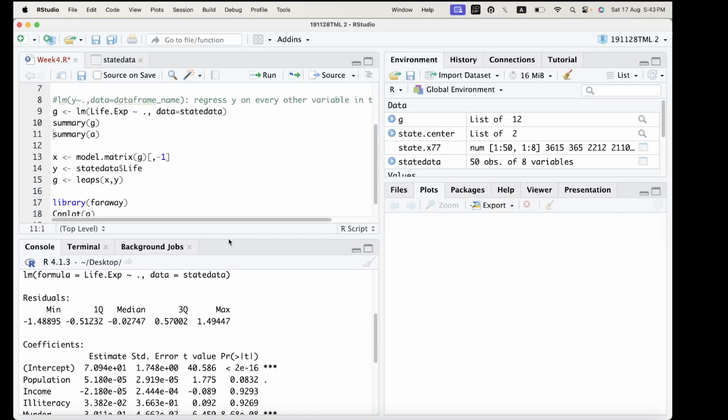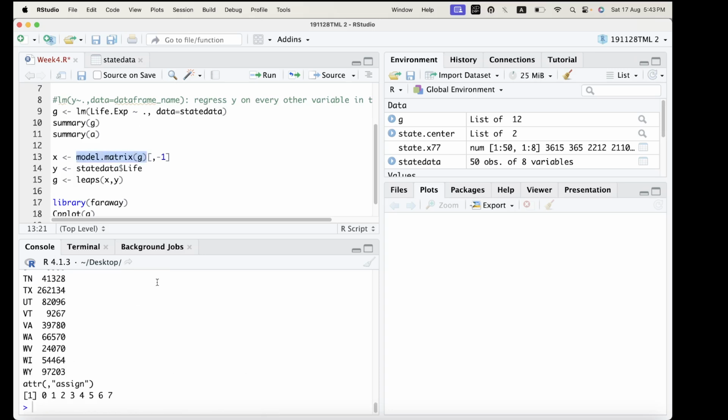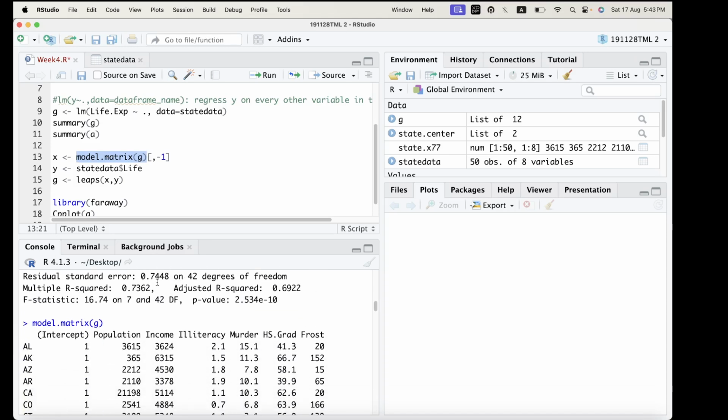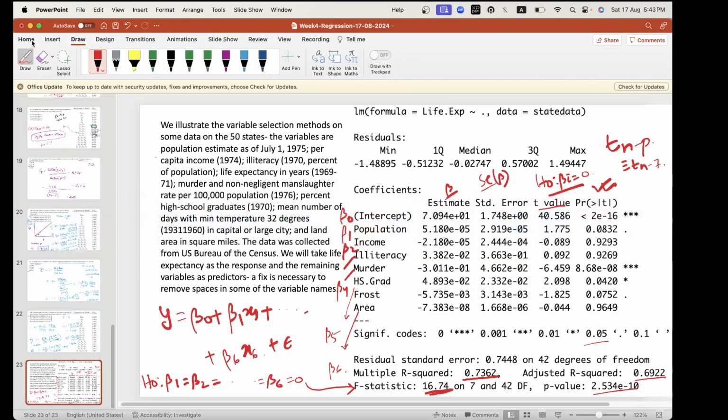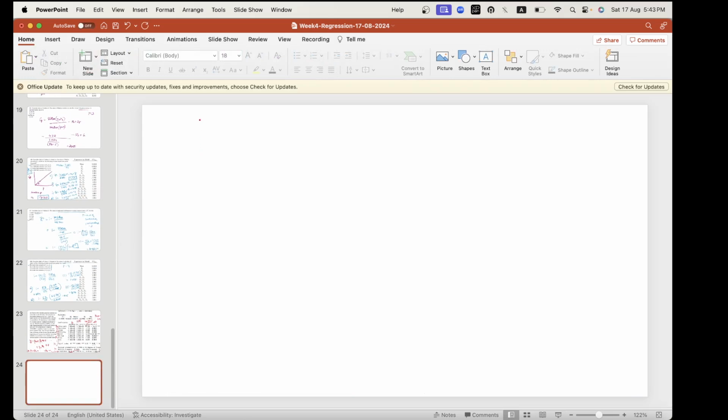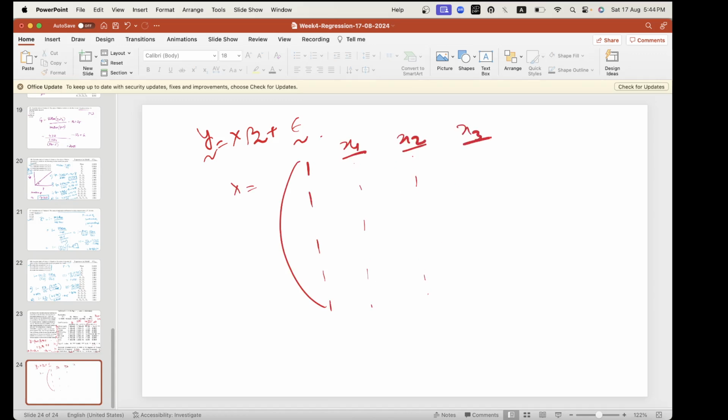All right, now here we have fit the entire model. Here what model.matrix is going to give me is the X matrix. So if you remember, when we were fitting multiple linear regression, we had y equal to X beta plus epsilon. So X was that column 1 1 1 1 1, then for x1 we would have values over here, for x2 we would have values over here, x3 we would have values over here, and so on and so forth.